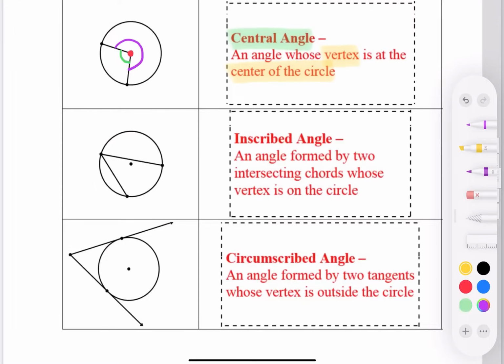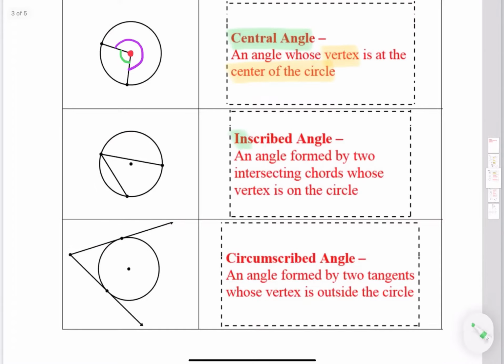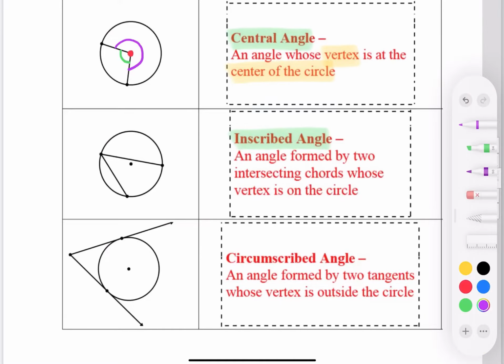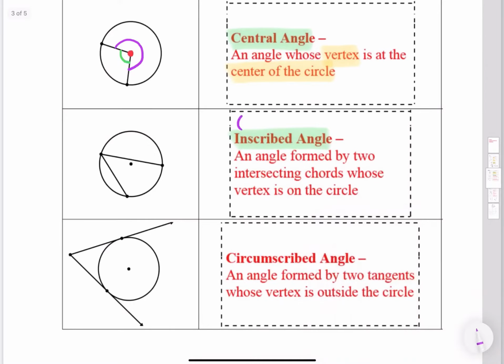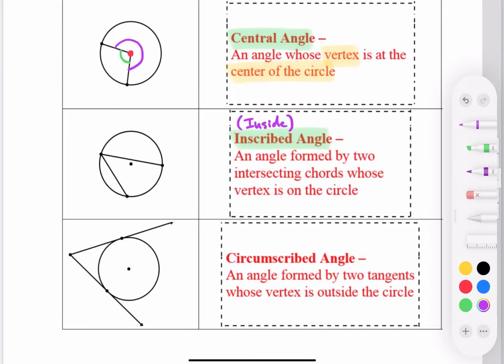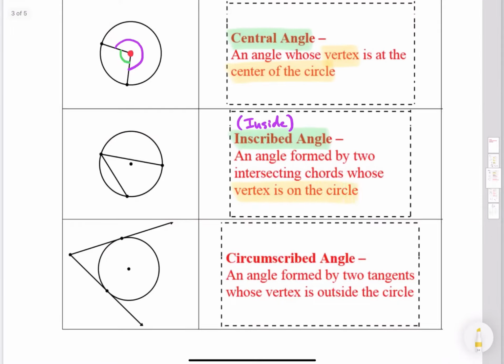All right, we also have an inscribed angle. An inscribed angle is basically an angle on the inside of our circle. So the word inscribed kind of sounds like the word inside. And therefore, we have to have an angle whose vertex is going to be on that circle.